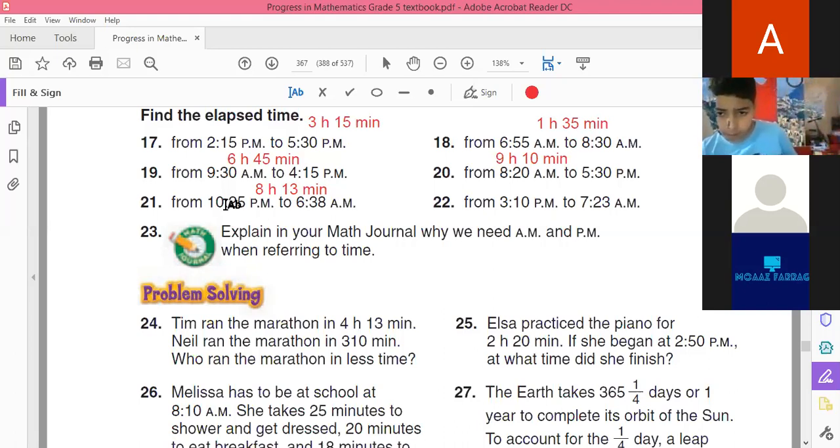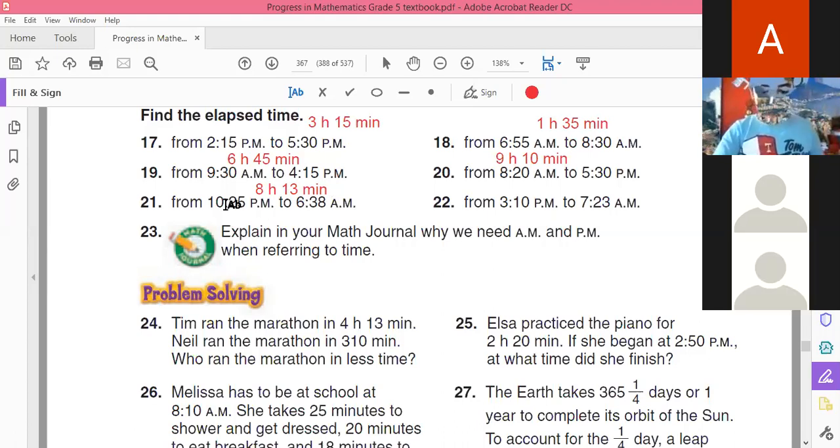Then 1:25, 2:25, 3:25, 4:25, 5:25, and 6:25. Till 6:25, there will be 8 hours. But we have 6:38, not 6:25. Then from 25 till 38, there are 13 minutes left.